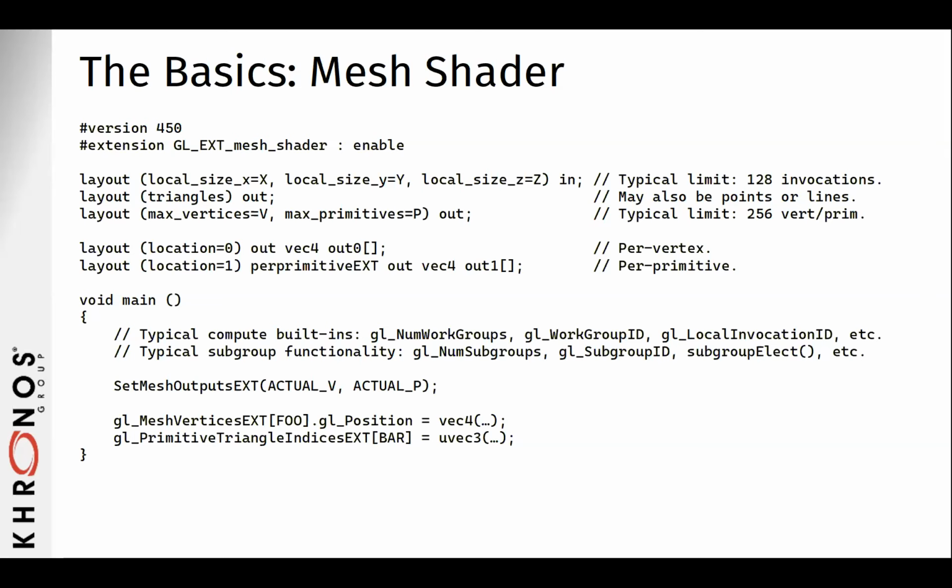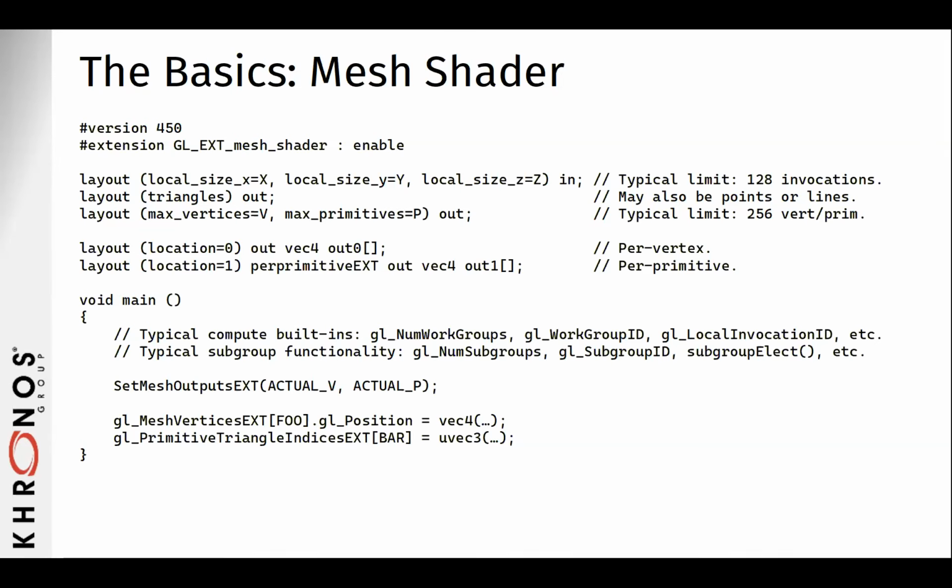But the shader needs to generate geometry for the rasterizer, and it does so following the indexed geometry model. So one array will contain vertex data, and another array will contain indices into the vertex array, forming primitives. You need to specify the type of geometry in advance: points, lines, triangles, and the maximum number of vertices and primitives the workgroup will generate.